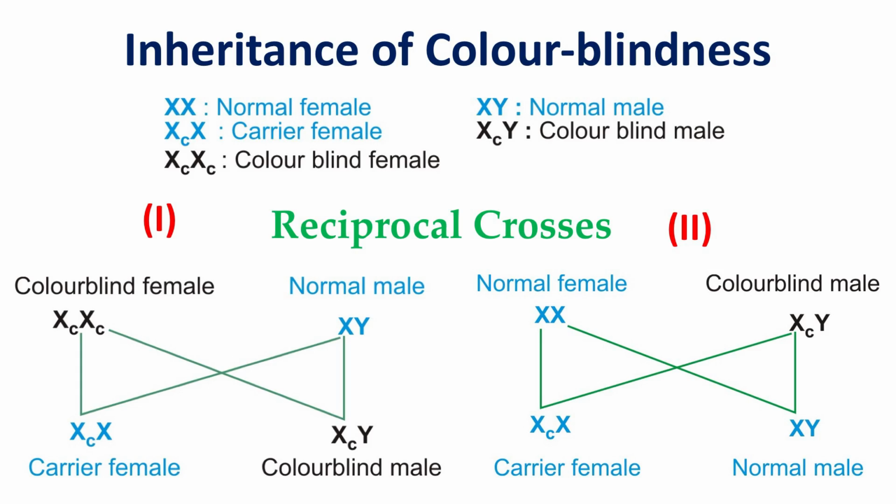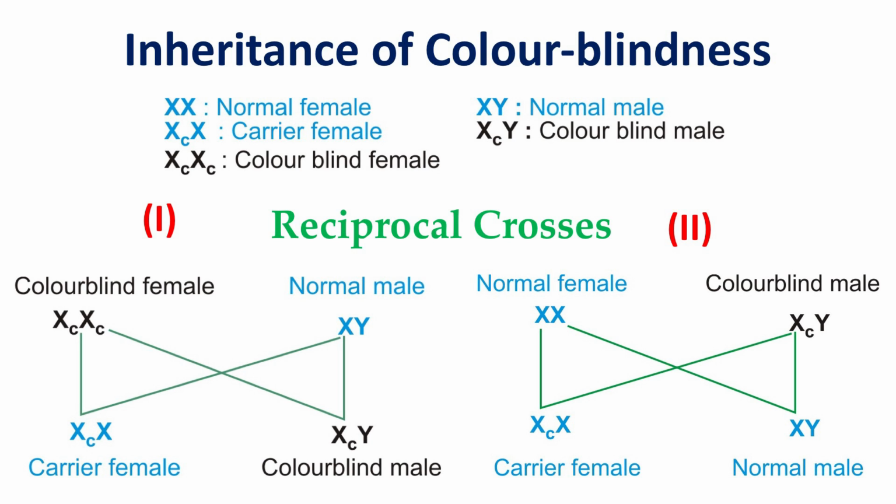You see the crosses. The inheritance pattern is like that of hemophilia. XX normal female, XCX carrier female, XCXC colorblind female, XY normal male, XCY colorblind male. So, first cross, colorblind female with normal male. The daughters are carriers and the sons are colorblind.